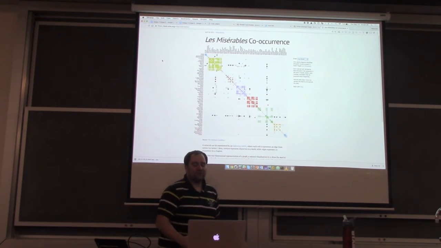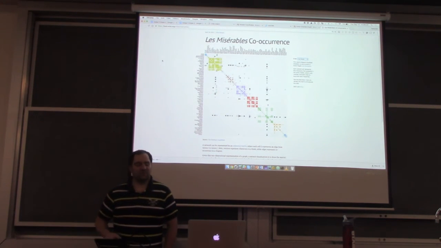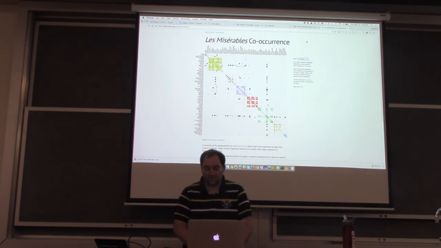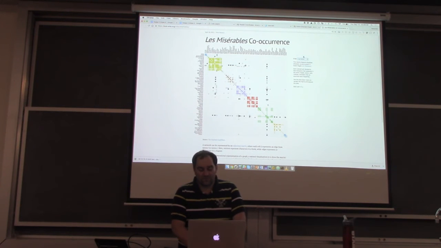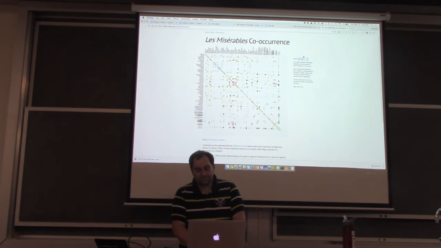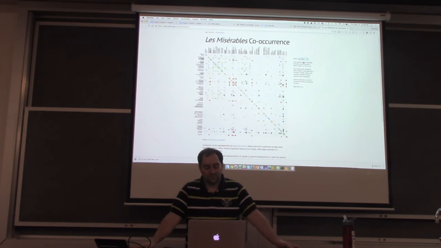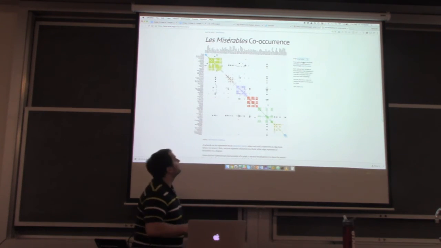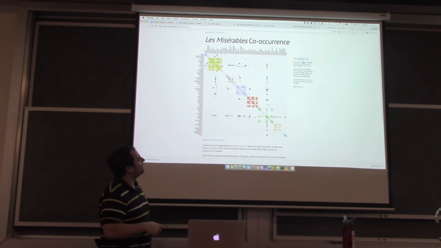These are great for seeing certain kinds of structures, but they're extremely dependent on the ordering. For example, if I order this by name here, we don't see much structure. But if we order this by clusters, we see quite a lot of structure. We suddenly see these groups of people that co-occur a lot.